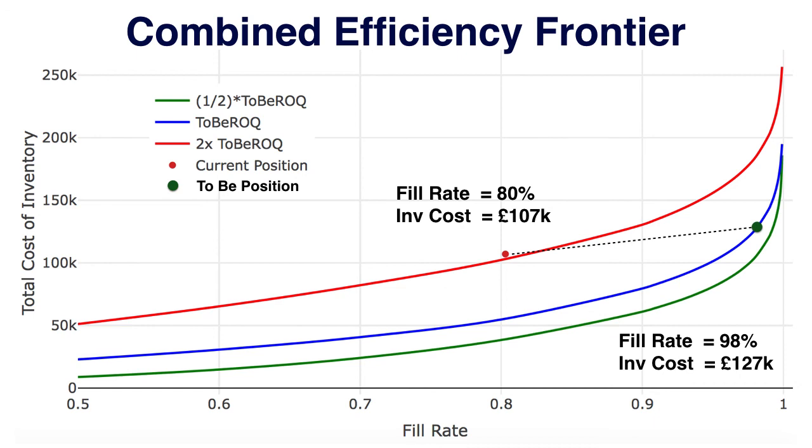Now notice in the calculation we did for the ToBe ROQ, we did not allow the ROQ to fall below the RTD. But if we try to cut down the ROQ by half, then it will fall below the RTD, which means that the replenishments will arrive in the next cycle or the cycle after. And that's fine, but that has to be managed carefully.